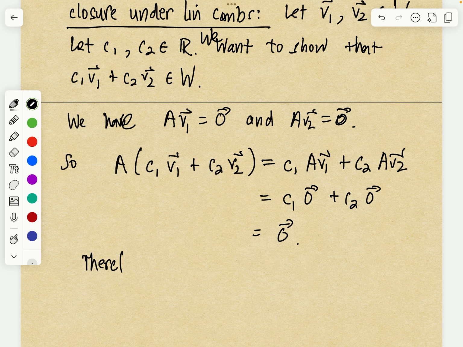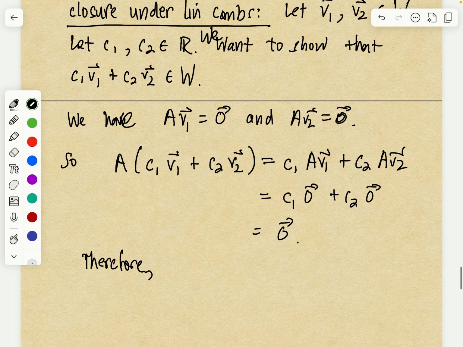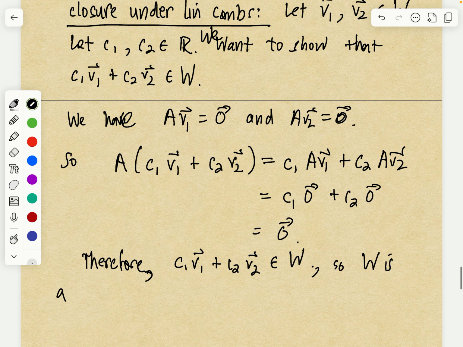Therefore, what did we do? We showed that this linear combination gets mapped to the 0 vector by A. So therefore C1 V1 plus C2 V2 is an element of W, so W is a subspace of Rn.